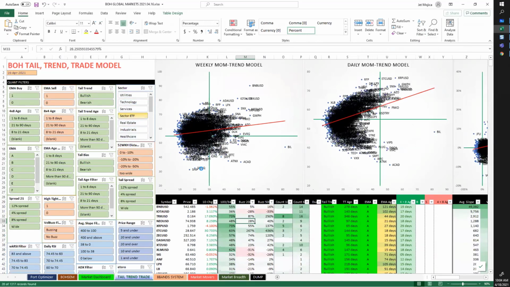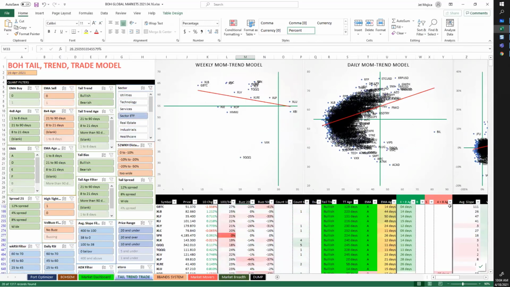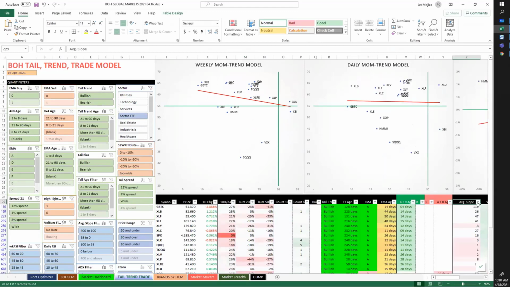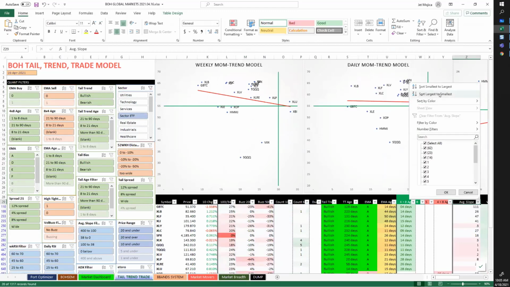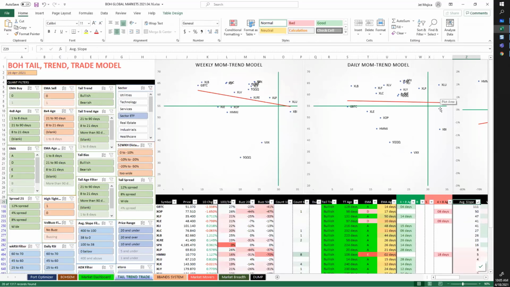On an absolute relative slope basis, makita nyo if you rank based on average slope, makita mo XOP and XLE among the top sector ETFs or mga sector-based na mga symbols dun sa model natin. So, dapat malakas sila, di ba?